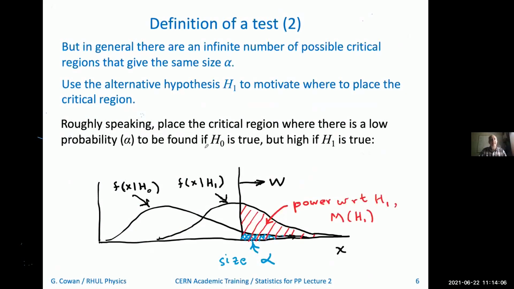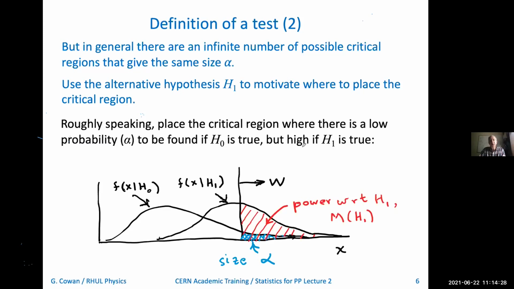The alternative hypothesis is what we use to motivate where to place the critical region. Roughly speaking, the rule is that you place the critical region for the test of H0 such that there's this probability alpha to find the data there under the assumption of H0.